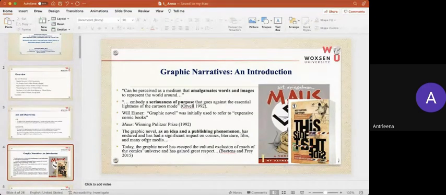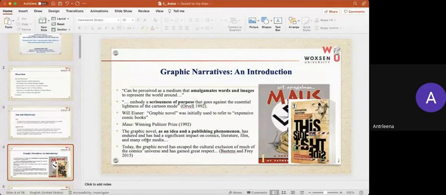For instance, this is why Orwell writes in 1992 that graphic narratives embody a seriousness of purpose that goes against the essential lightness of the cartoon mode. So when you first look at a graphic narrative, you think it's similar to comics, but it's not. It's very intense. You have to read it with a lot of focus.